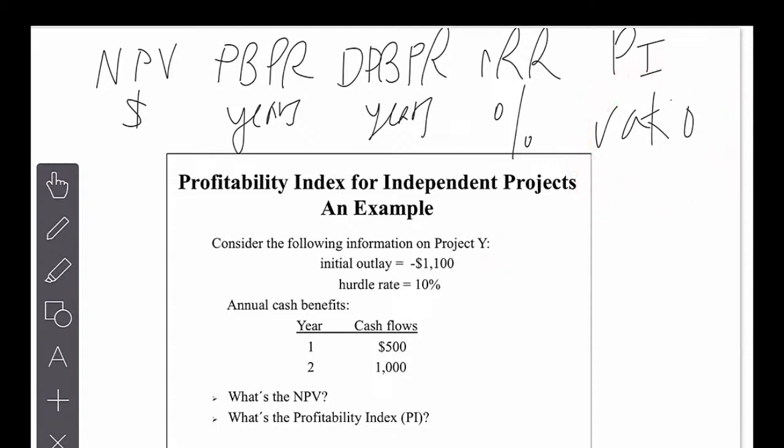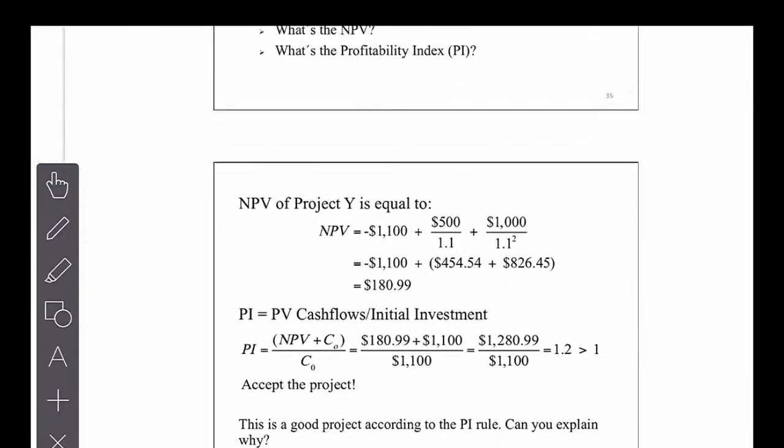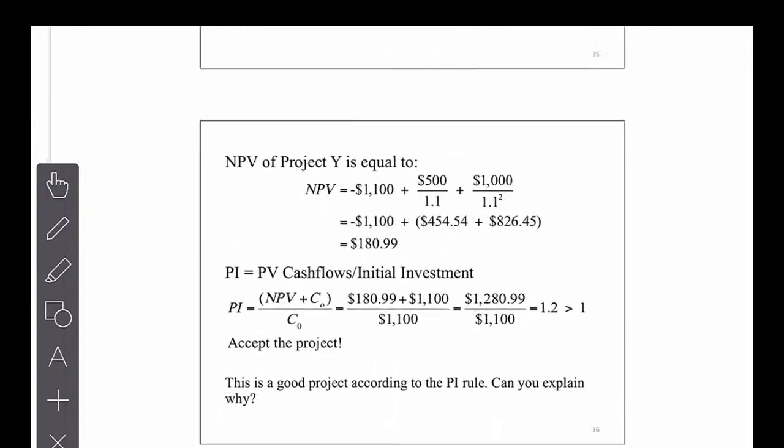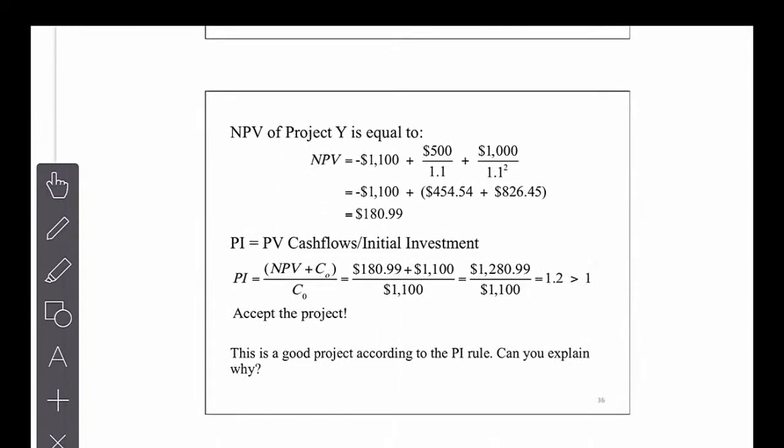So it's another way to look at the benefits versus the cost of the investment. So what do we do? We have to first calculate the NPV. Well, we don't have to do it like this, but it's easy because we have the calculator to give us the NPV.